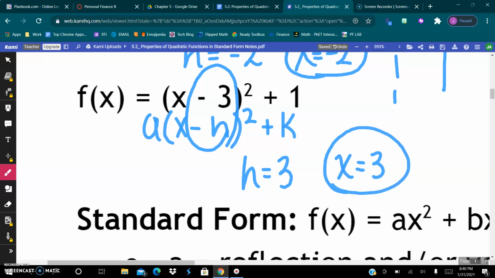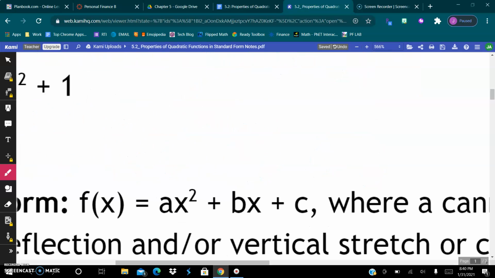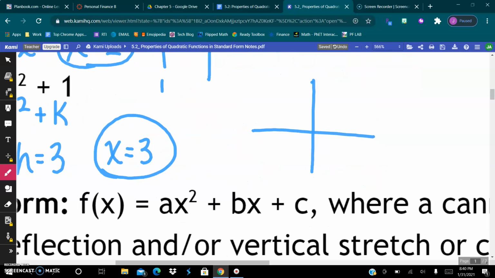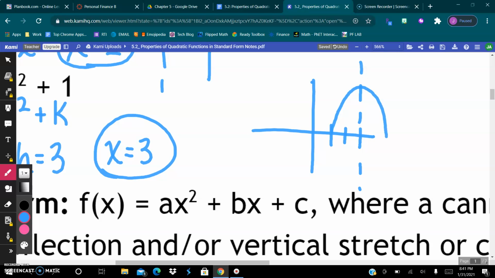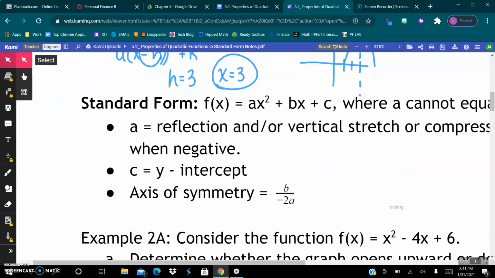It's going to go through x at positive 3: 1, 2, 3. So your axis of symmetry would be here. Your parabola could look something like that, or even something like that, where the middle is at x equals 3.